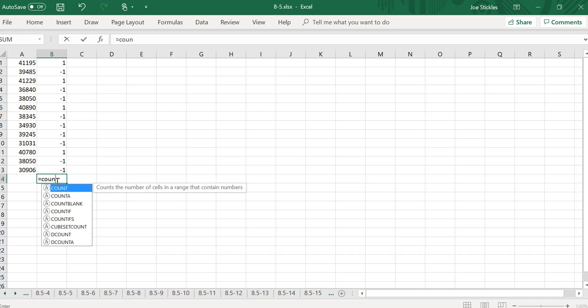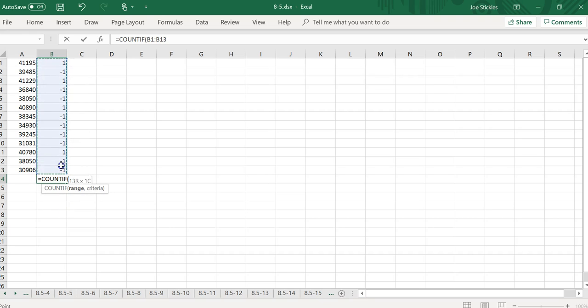So I'll do a count if, and I'll highlight the array, and then type in -1. So 9 out of the 13 are below the median.